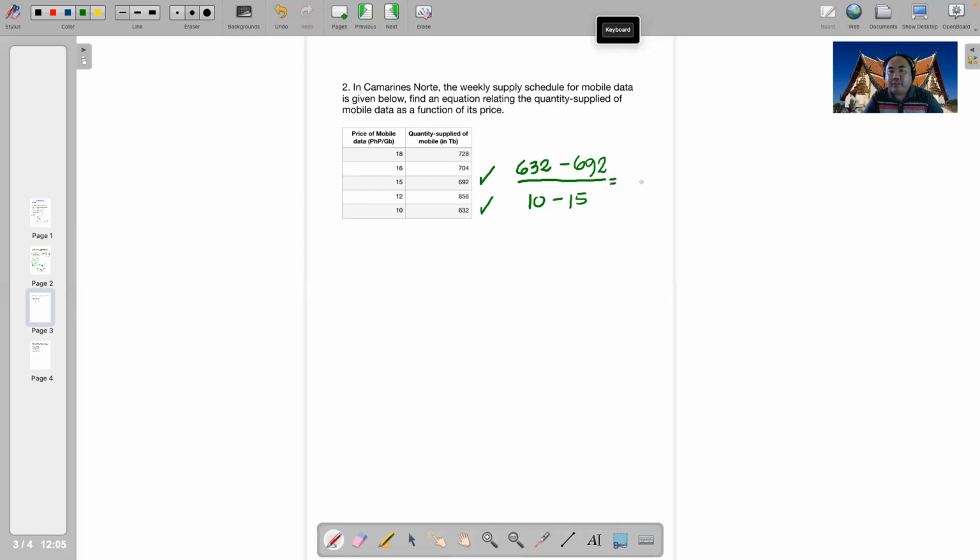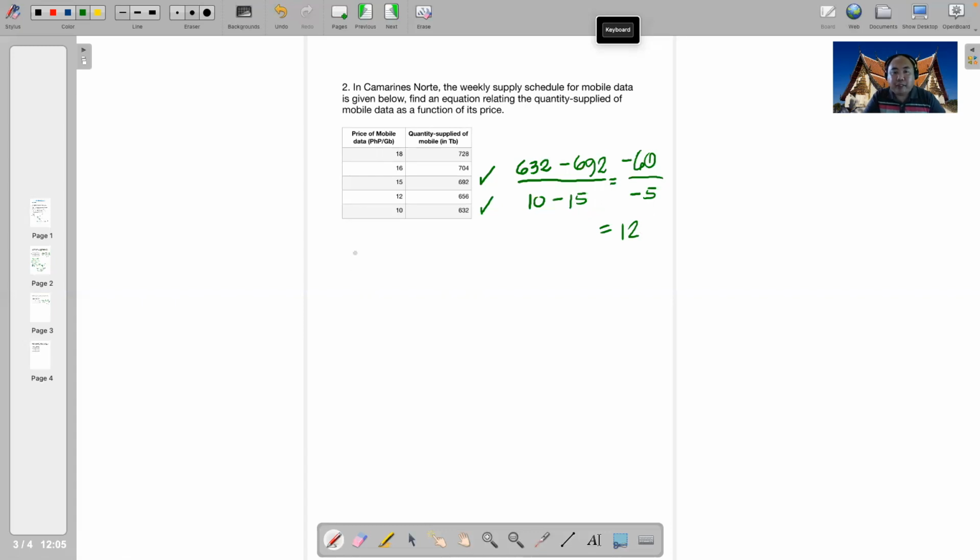So to do the calculation, 632 minus 692 is negative 60, and 10 minus 15 is negative 5. So you get positive 12, right? Again, why is this positive? We expect this to be positive because we are dealing with a supply model.